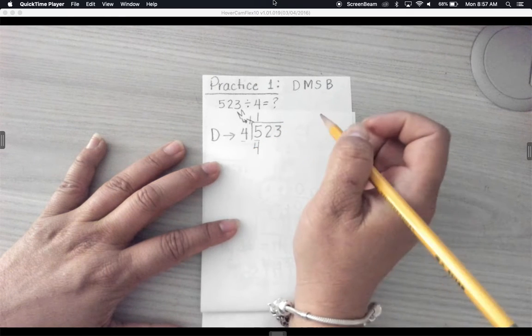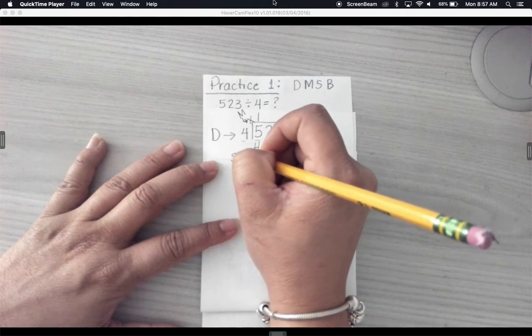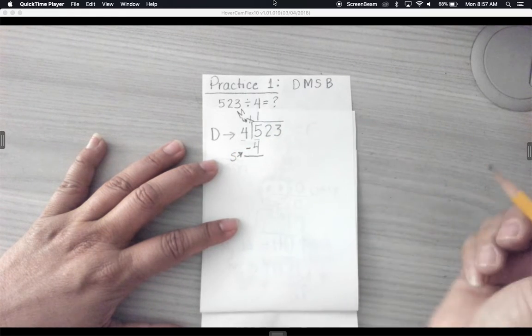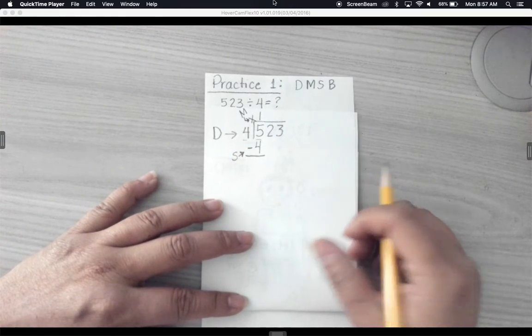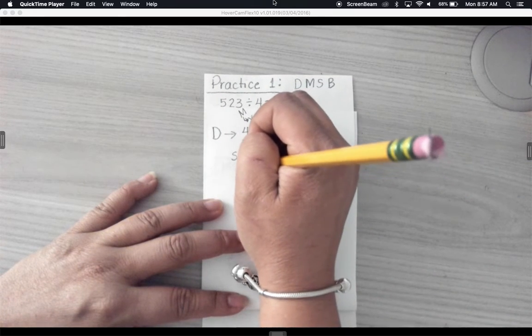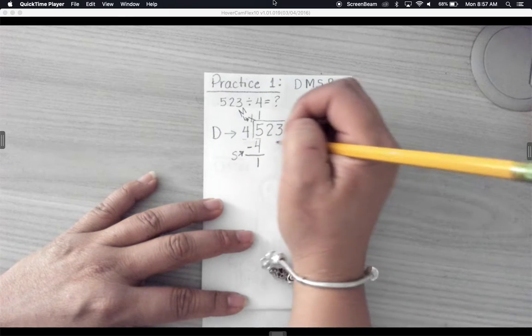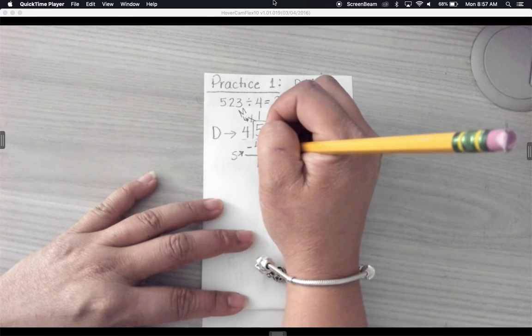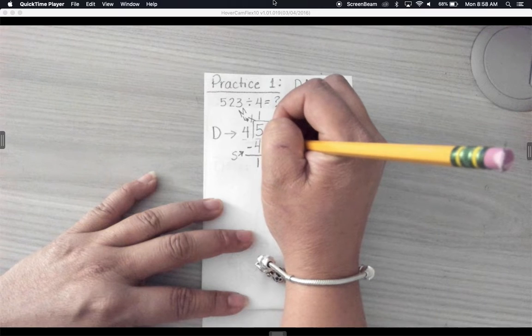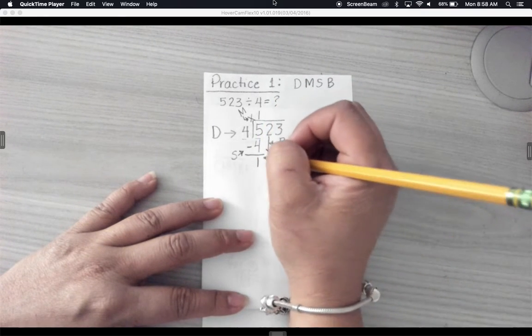And now sister tells me I need to subtract. What is 5 minus 4? 1. Now brother tells me I need to bring down the number 2, right?